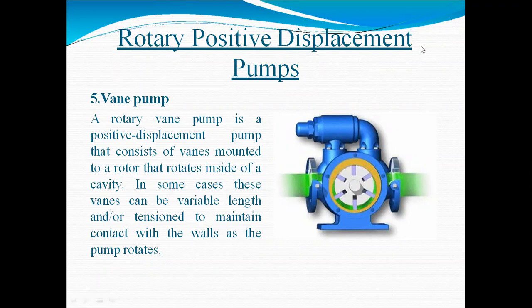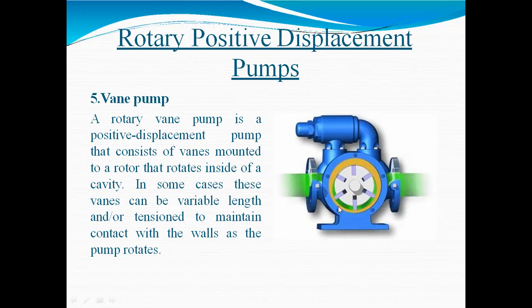Vanes are basically slotted types of assembly, which is loaded with a spring. When your pump starts rotating, the vanes make continuous contact with your outer periphery, that is the casing.